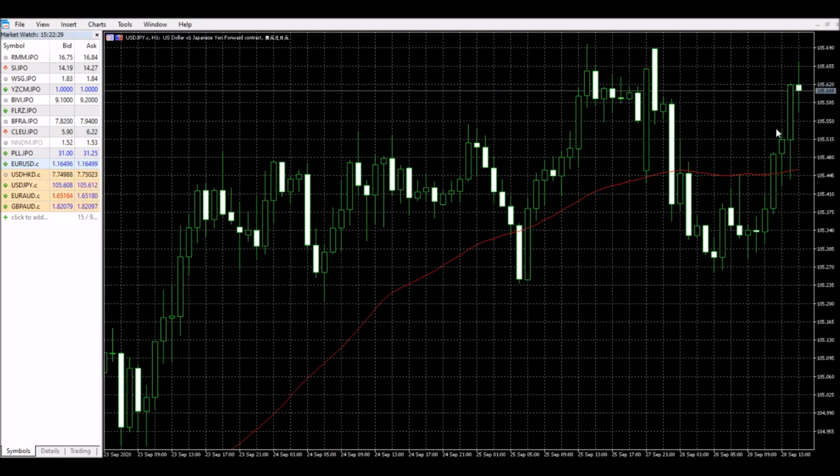So normally, to decide which market to go in for, you should go for the one that is much higher than the one closer to the moving average. In comparing the two, I would go for the USD Japanese yen because at the moment it is much further up, which is good. So it's more bullish.